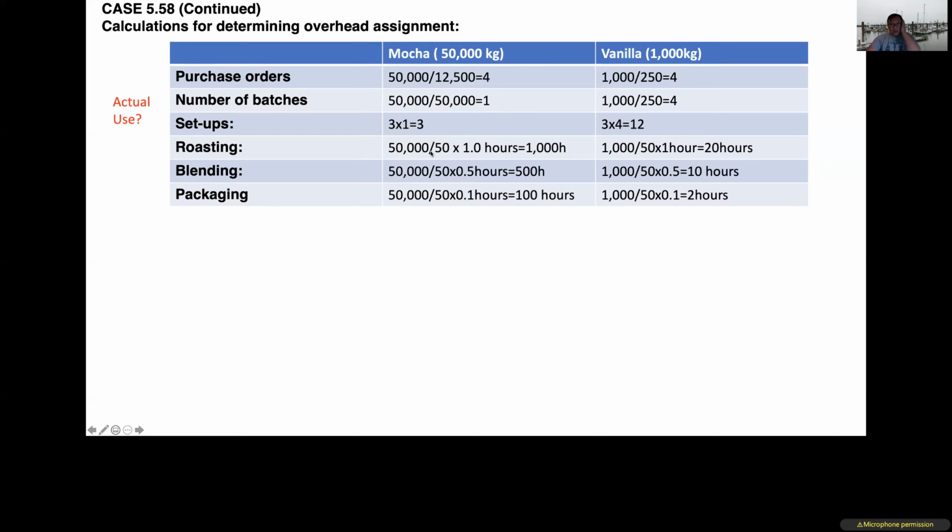Roasting takes 1 hour to roast 50 kilograms, so to roast 50,000 kilograms you need 1,000 hours.